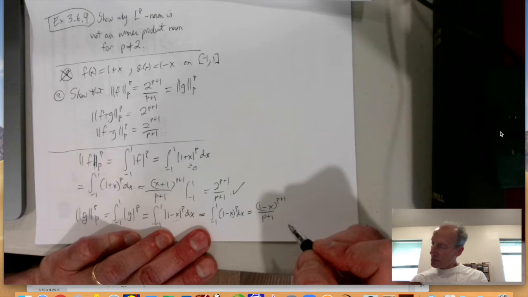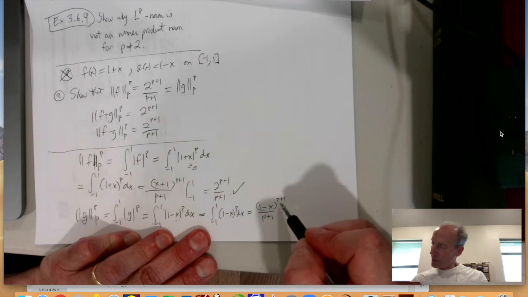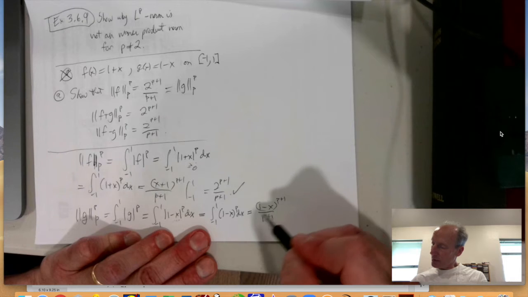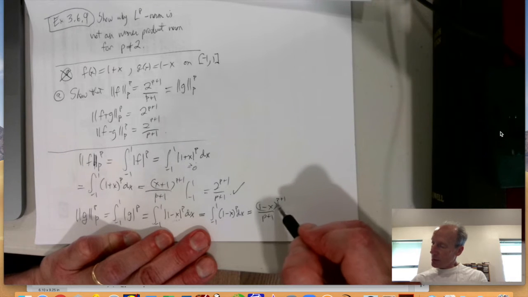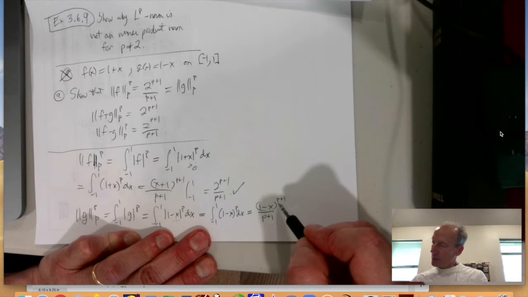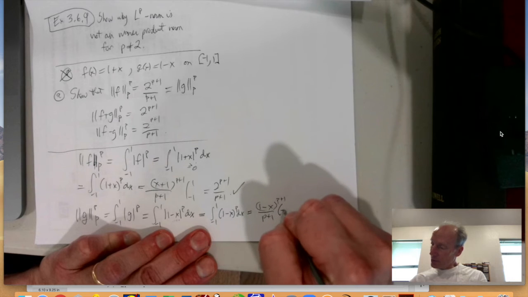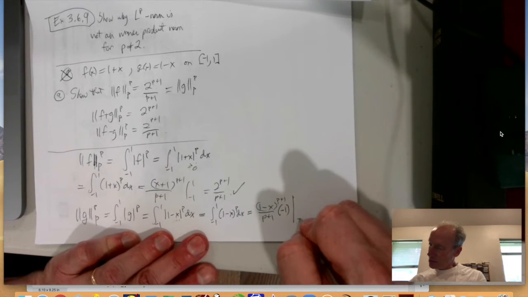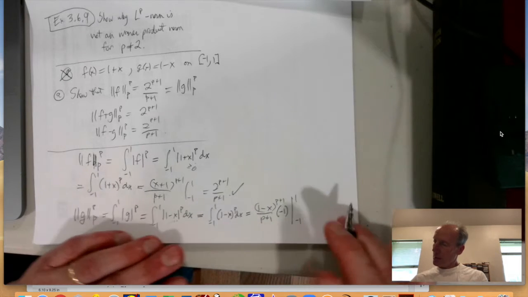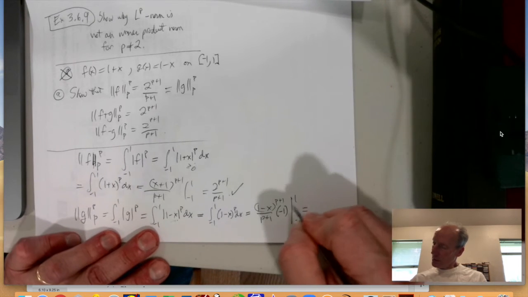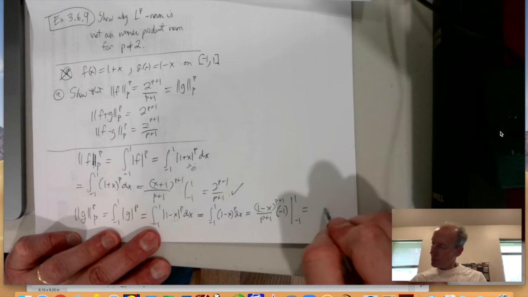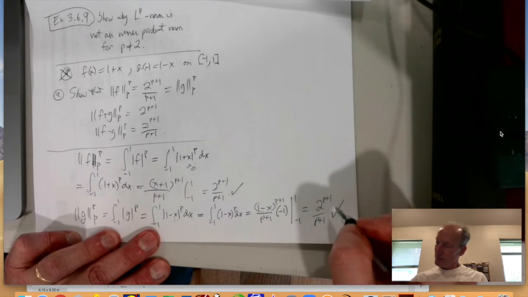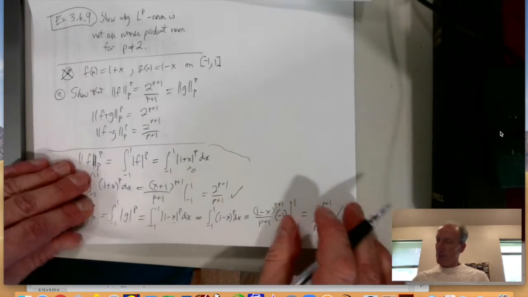If I take the derivative of that, p plus 1 comes down, that to 1 less power, p, times negative 1. So in fact, I need a negative 1 out there. Good. And then I go between negative 1 and 1, plug the numbers in, and get 2 to the p plus 1 over p plus 1. Check. Excellent. Now let's go on to the next step.